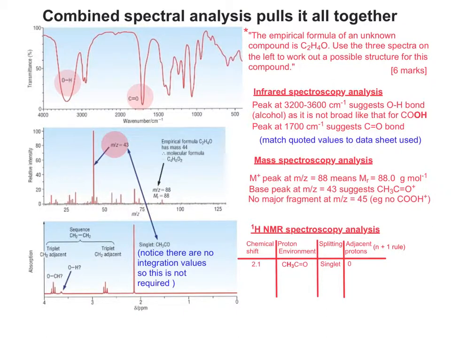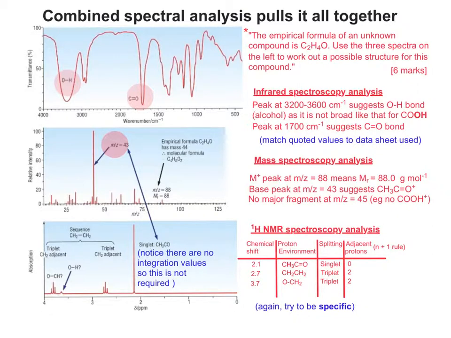Obviously you wouldn't have been given that little bit of a hint in an actual A-level question, but it's worth now saying that in our proton environment it's CH3, which is a little bit more than the data sheet suggests. So, like I said earlier, the data sheet is a bit generic. If you can give information that makes it a bit more specific, then it's always a good idea.